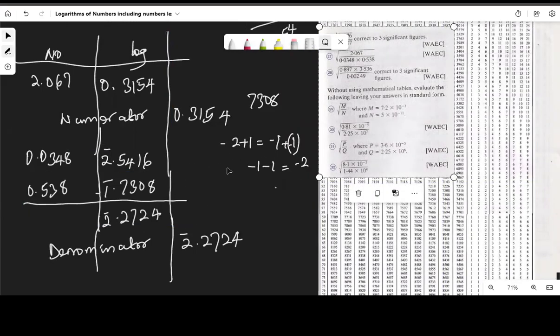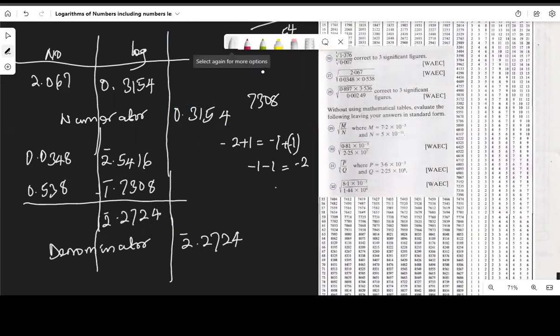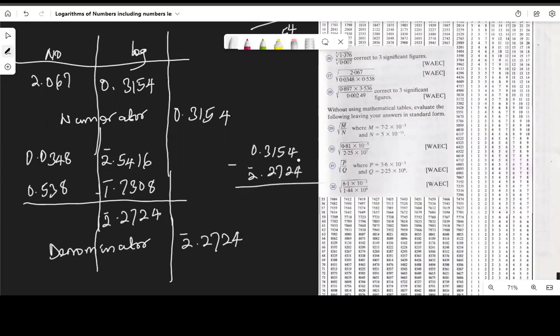Now, we're going to subtract the denominator from the numerator, since when we divide numbers, we subtract their logarithms. So we have 3154 minus bar 2.2724. 4 minus 4 is 0. 5 minus 2 is 3. 1 minus 7 is not possible.